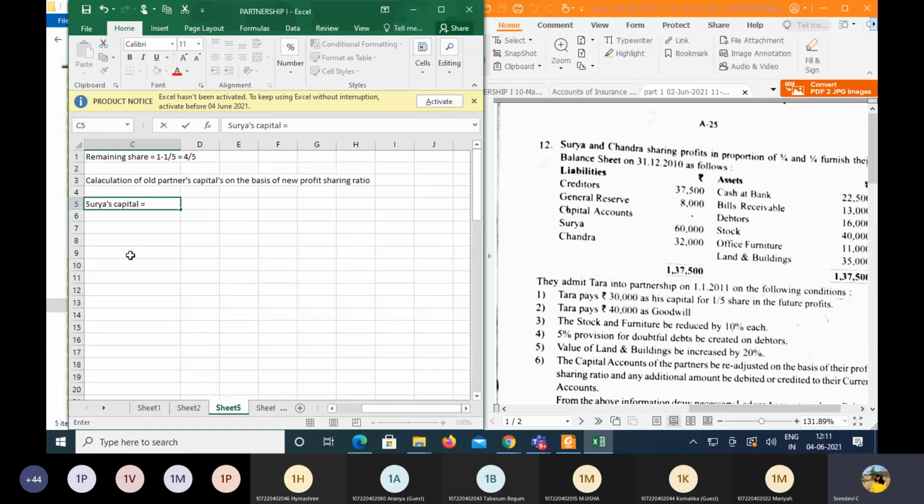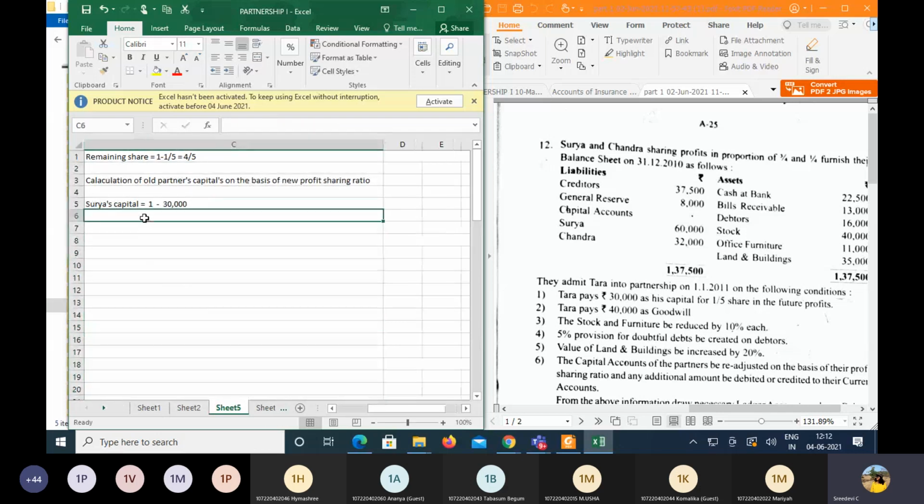So the new partner's share in the profits is 1/5. I'm talking about the new profit sharing ratio only, children. So for 1 share in the profits, if Tara is going to bring 30,000 as capital, how much should be for 3?